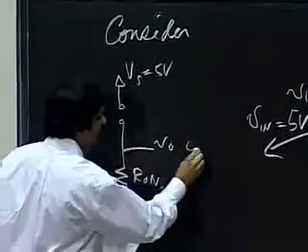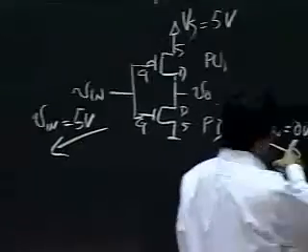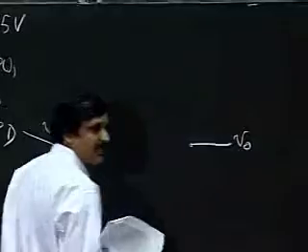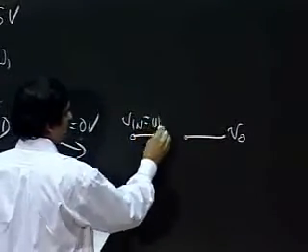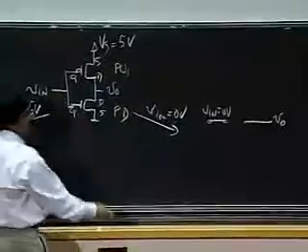And that's the circuit that I get. The output is suitably low. In this situation, if Vin is 0, what happens? This is my output. If Vin is 0 volts, the lower device turns off. This is 0, this is 0, this guy turns off.